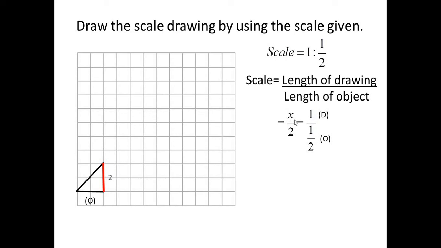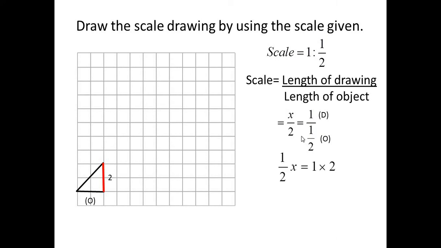So x over 2 is equal to, this scale converted from ratio to fraction form, 1/(1/2). This one is for the drawing and this one is for the object. From here, as usual, do your cross multiplication.